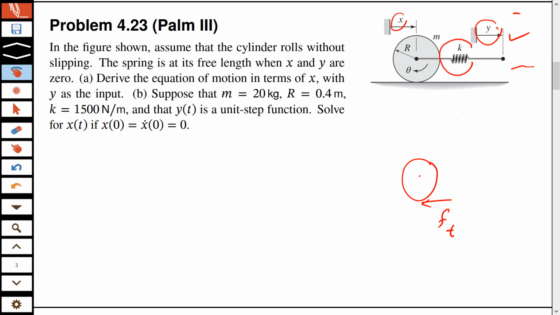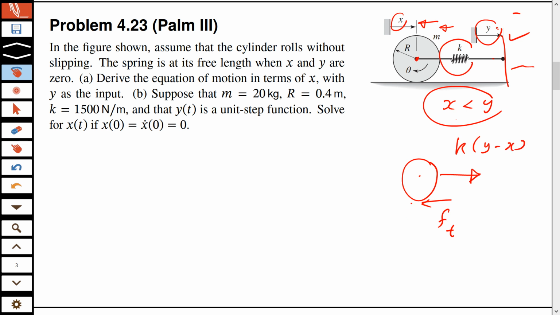And now this spring is under these two displacements. So if I assume x to be less than y or greater than y, it's up to you. If I assume x to be less than y, with respect to y, I can imagine that this end is trailing behind, and that is the same as stretching the spring to the left. So that will give me a restoring force opposing that, and that will be k times y minus x.